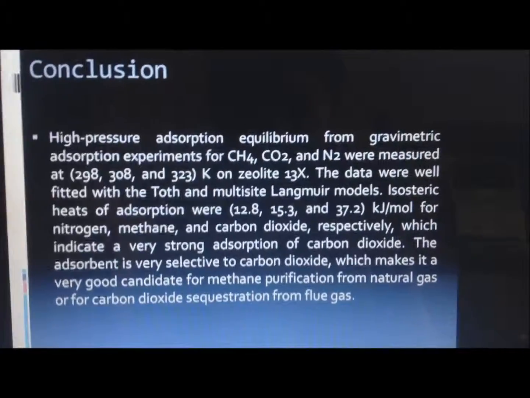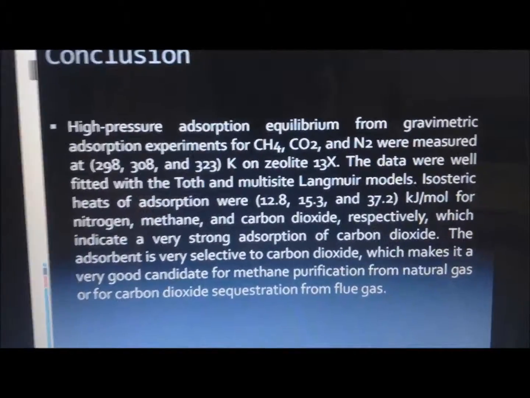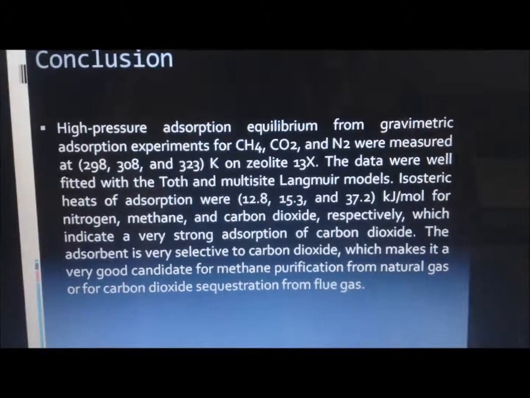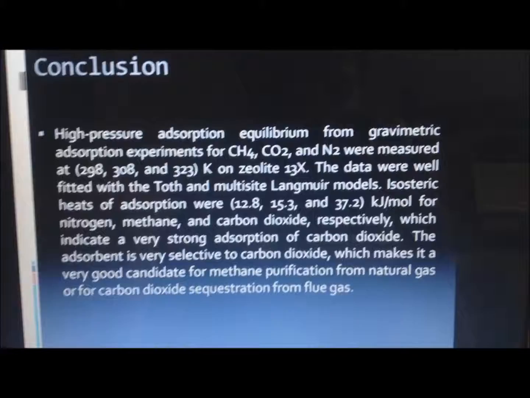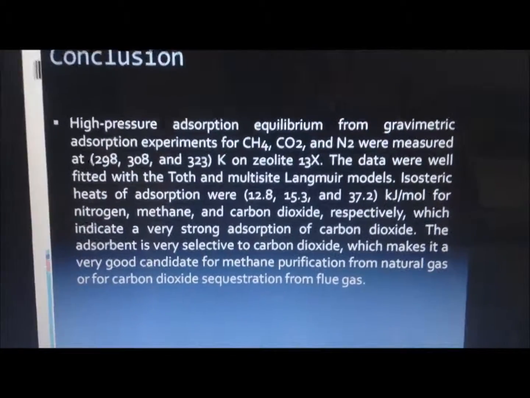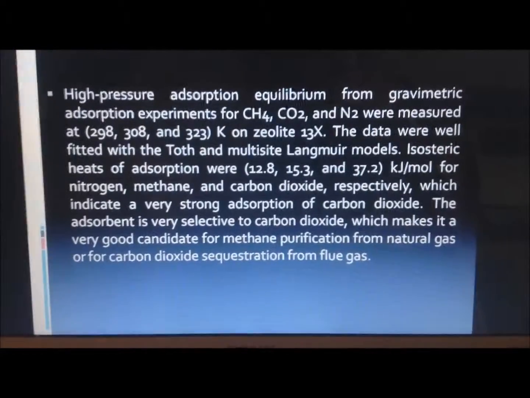Conclusion. High pressure adsorption equilibrium from gravimetric adsorption experiments for methane, carbon dioxide, and nitrogen were measured at 298, 308, and 323 Kelvin on zeolite 13X. The data were well fitted with the Toth model and multi-site Langmuir models.